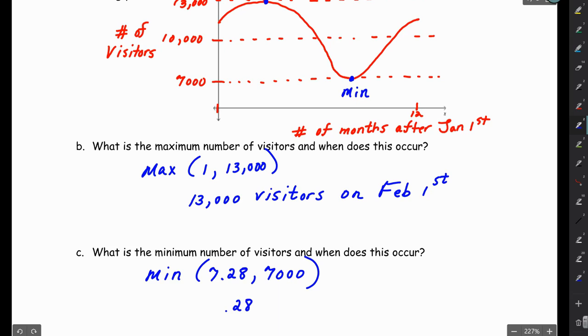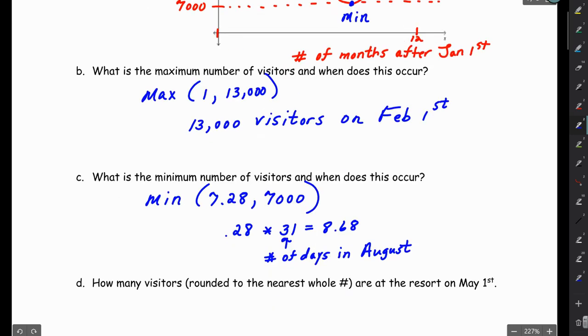I just want to calculate exactly what date in August it would be. There's 31 days in August, so 0.28 times 31 gives me 8.68. So I have 7,000 visitors on August 9th.